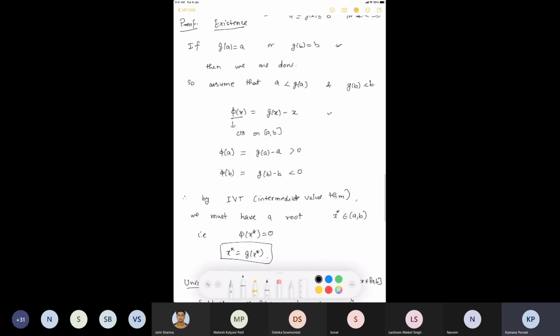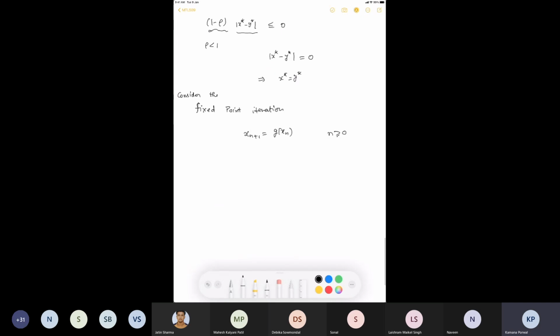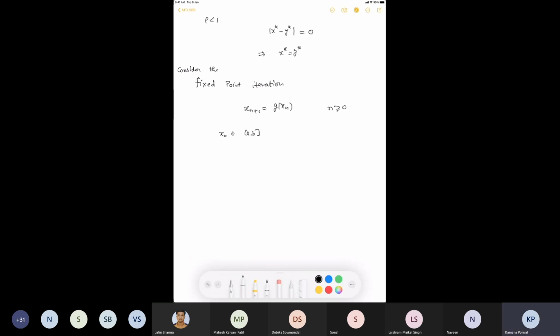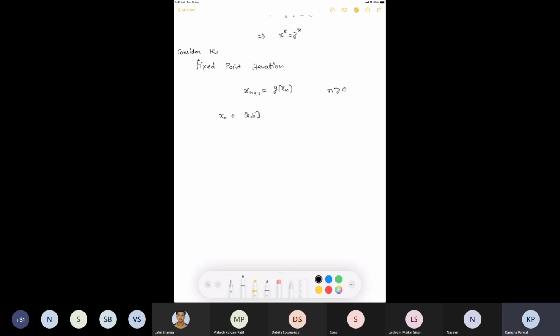The first thing we will observe is that if we start with x0 in the interval AB, then the complete sequence generated using this iteration method is also going to be in the interval AB. This is very obvious: x1 is G of x0, and x0 is in AB, so of course x1 is in the interval AB, because G takes the interval AB to AB.